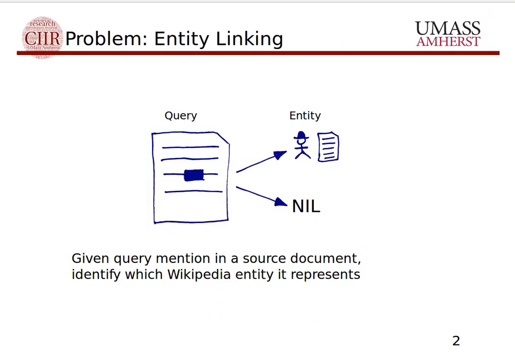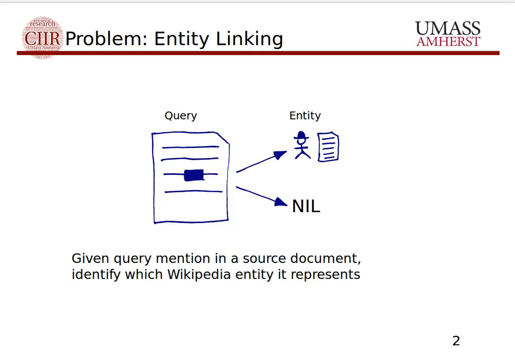So what is this problem that we're trying to tackle when we're talking about entity linking? We are given a document or a text fragment, and inside this document one little piece of text is selected, which is what we call an entity mention. We hope that this one refers to an entity.